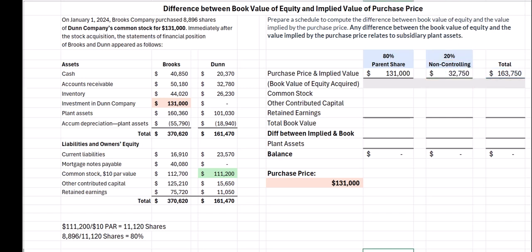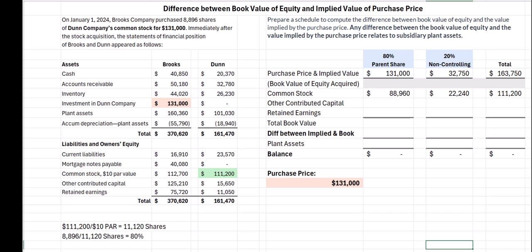Next thing I need to do is allocate common stock. If I look at the liabilities and owners' equity financial position of Dunn, we'll see that the common stock had a total value of $111,200. Again, I'm going to allocate that between parent and non-controlling, multiplying by my 80% share and my 20% non-controlling interest.